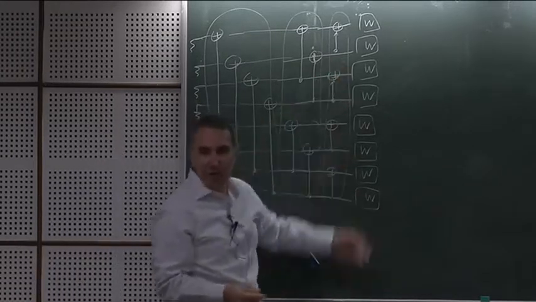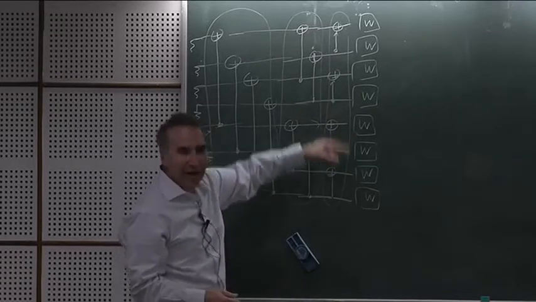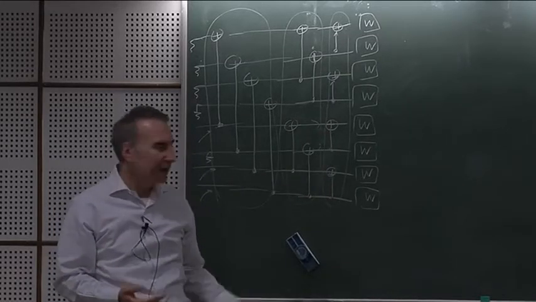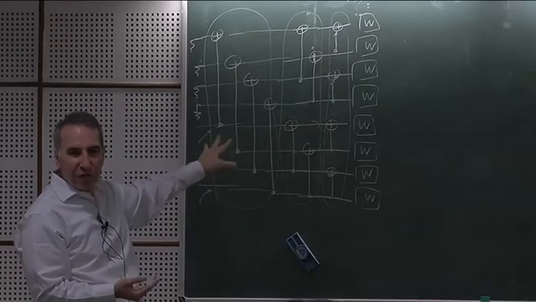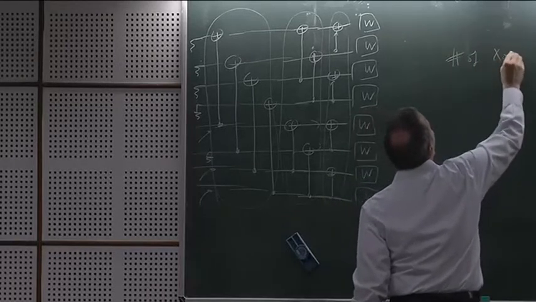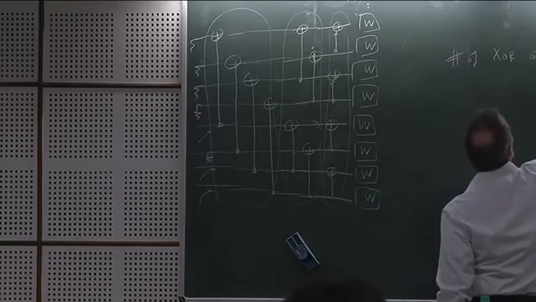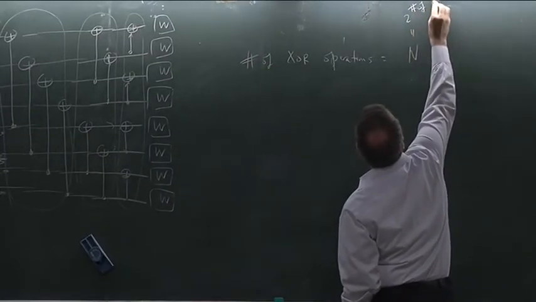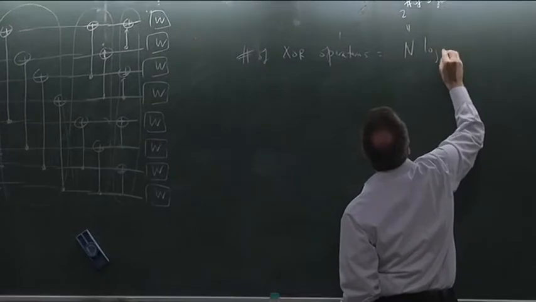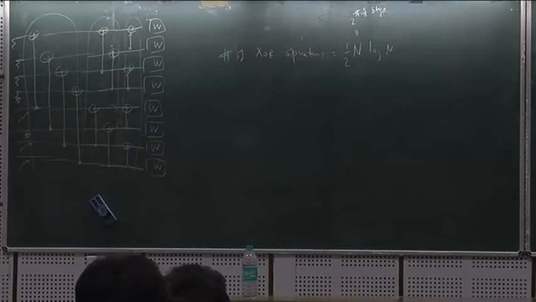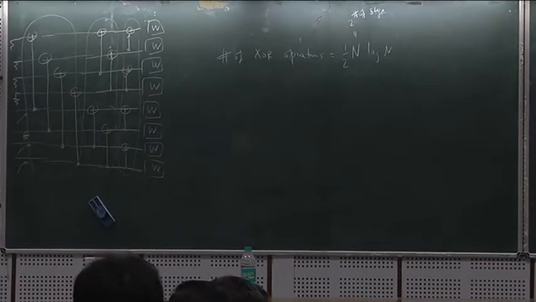In each of these stages, exactly half of these lines have a plus sign. Other signs are simply going through. So the number of XOR operations in this whole diagram is, if n is the block length, log n times n divided by 2, because in each stage you have n over 2 XOR operations and you have log n stages.